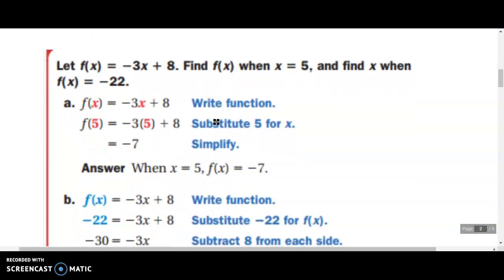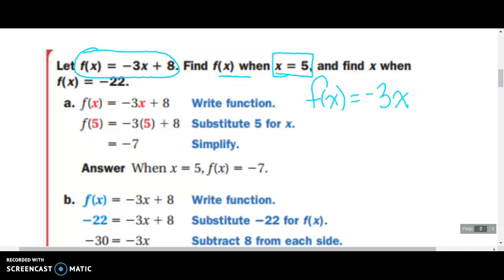When we have something written in function notation, we would read this as f of x equals negative 3x plus 8. They now say to find f of x when x equals 5. They're asking you to replace the x every time you see it with the number 5. So if we had f of x equals negative 3x plus 8, we're going to replace the x with 5. But to be helpful, we're going to replace this x with 5 also.